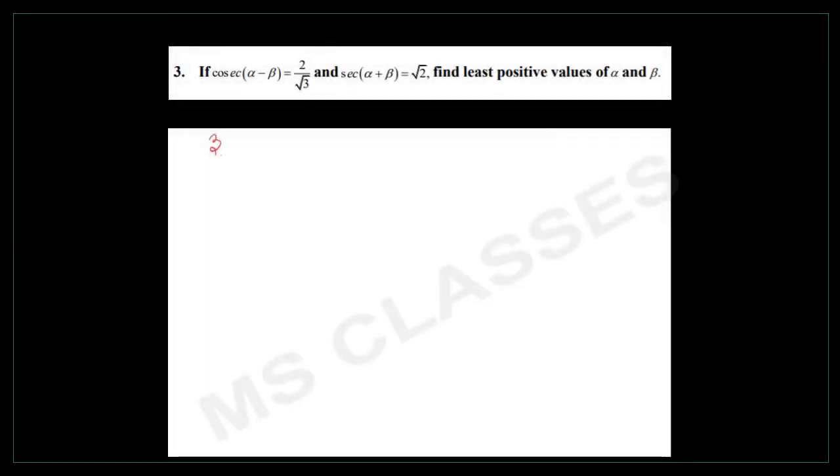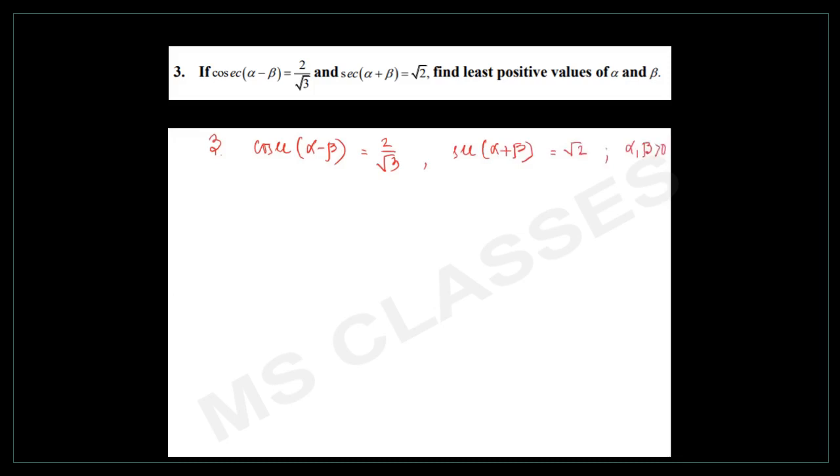It is given cosec of alpha minus beta equal to 2 by root 3, and sec of alpha plus beta equals root 2. And we have to find the positive values of alpha and beta. That is the solution we need, that alpha and beta should be greater than 0.